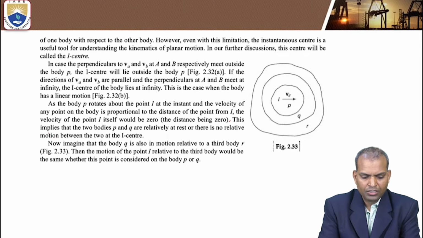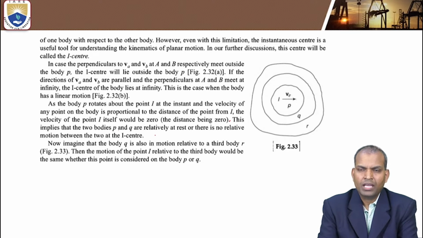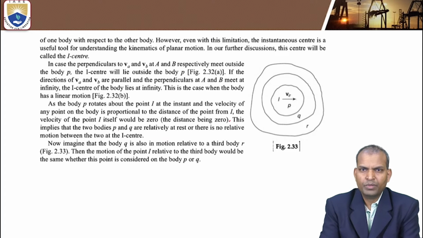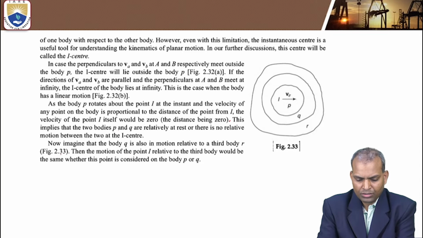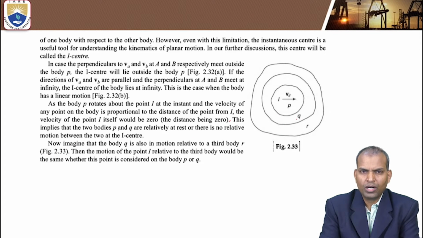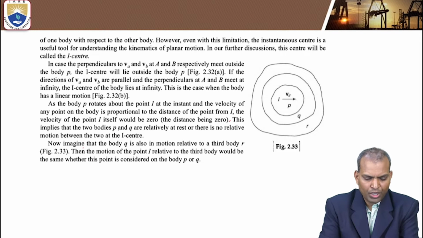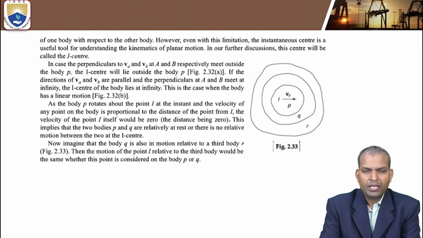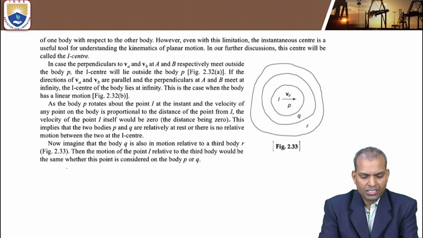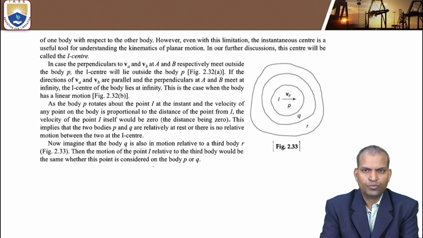So this implies that the 2 bodies P and Q are relatively at rest, and there is no relative motion between the 2 at the I center. In figure 2.33, there are 3 bodies, P, Q, R. Now imagine that the body Q is also in motion relative to the third body R. Then the motion of the point I relative to the third body would be the same, whether this point I is considered to be on the body P or Q.